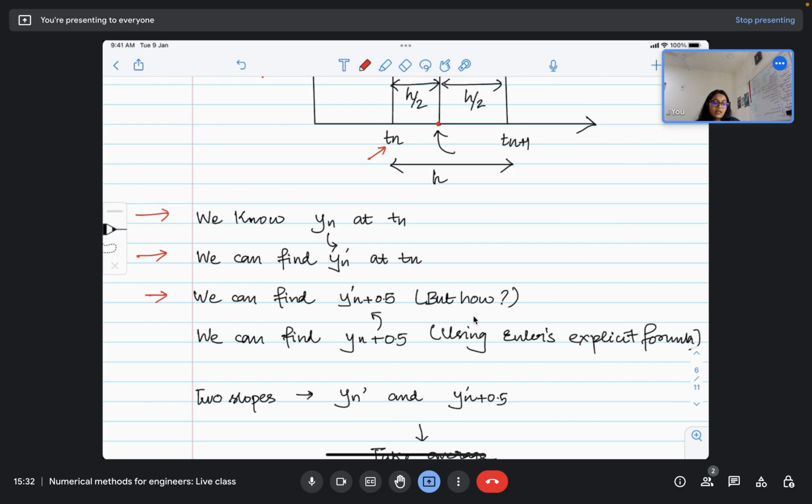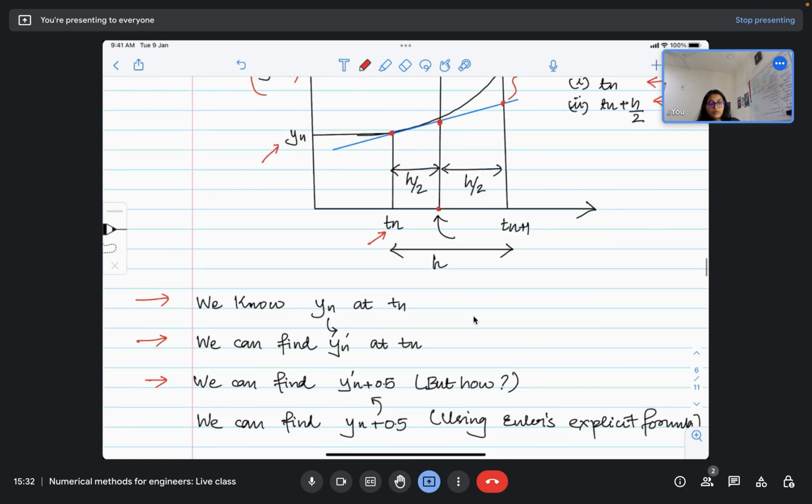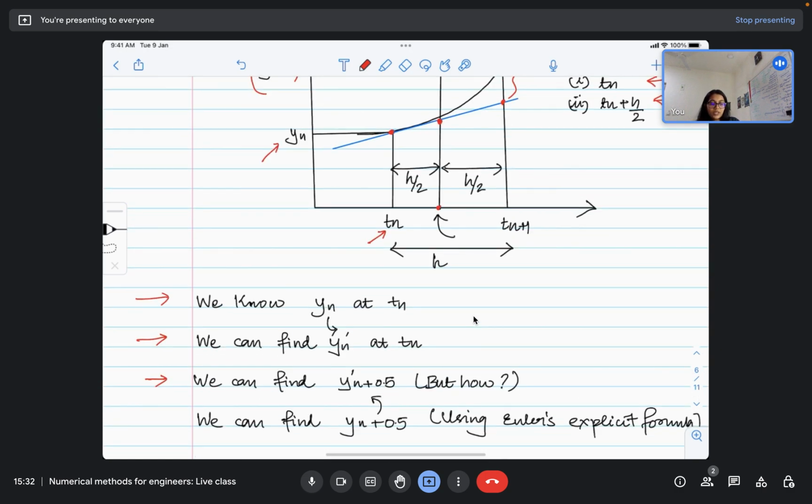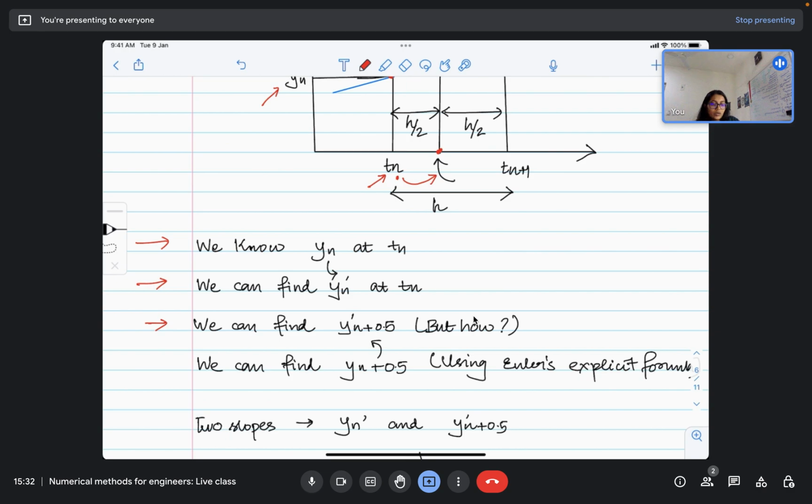Why I've written here 0.5 is that the arbitrary point here I've selected at h by 2. Okay, so basically the n interval is added up with 0.5 in our case. Whatever your h value will be, 0.5 of that. Okay, so I'm just considering y dash of n plus 0.5.